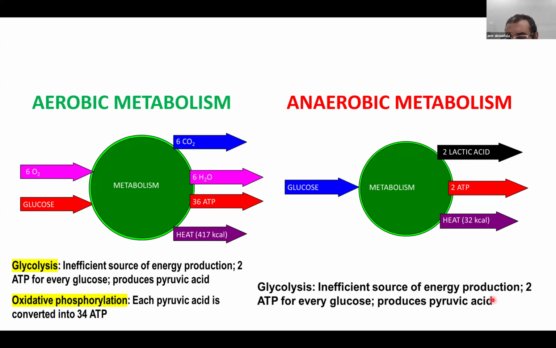And the pyruvic acid, of course, will be metabolized to another agent, which is the lactic acid. Pyruvic acid will be converted to lactic acid. And from here, you can understand why in shock or in anaerobic condition, the lactic acid is high. This is as a product of the conversion of pyruvic acid to the lactic acid in the absence of the oxygen.